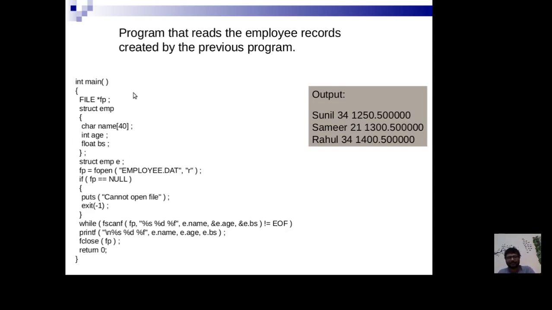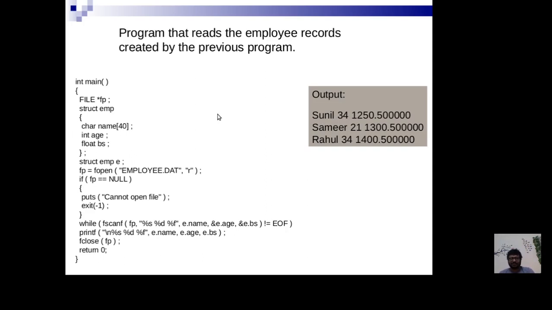So let's define the same structure type. We assume that the file looks like this: in each line there is a string, then a space, an integer, a space, and a floating point variable.